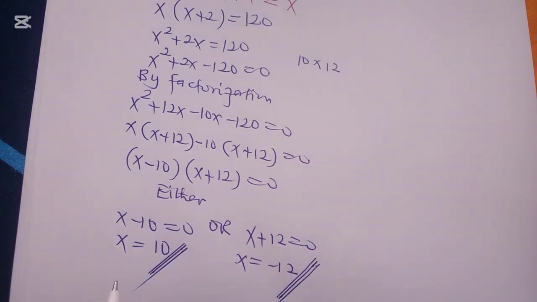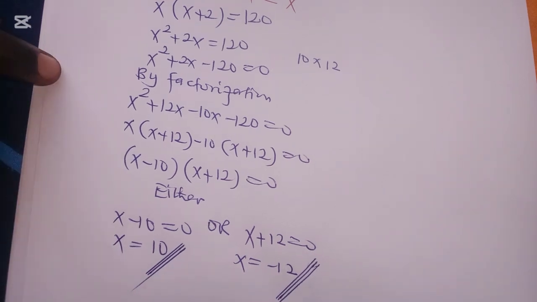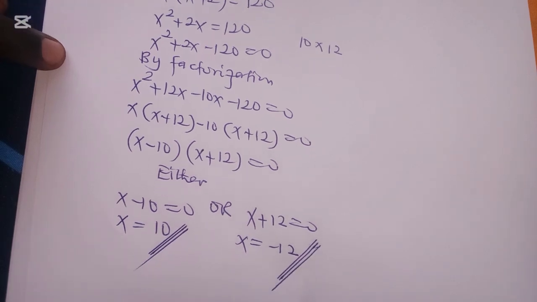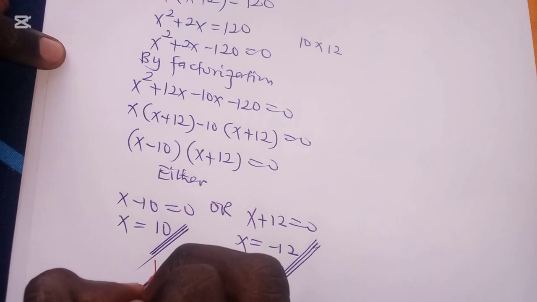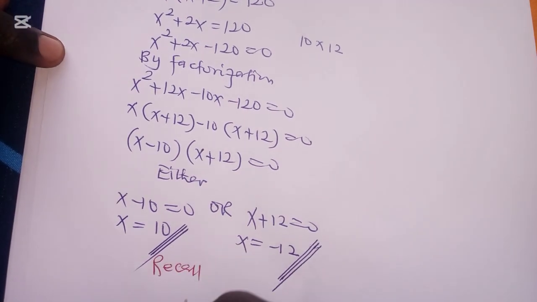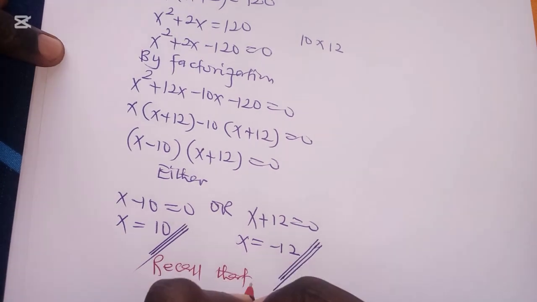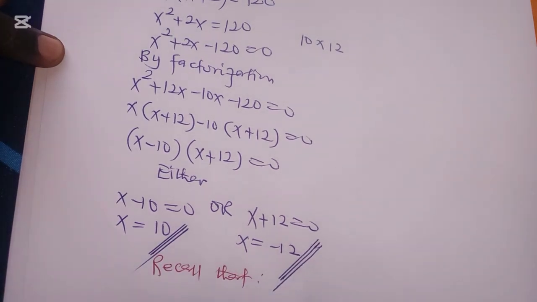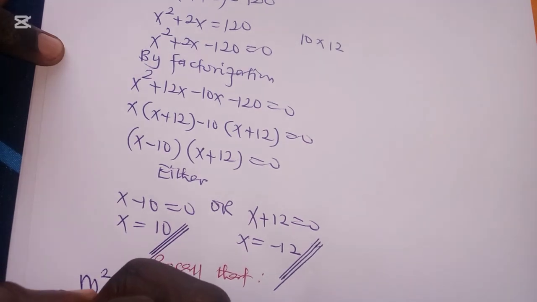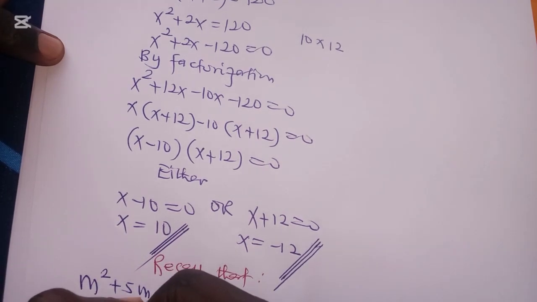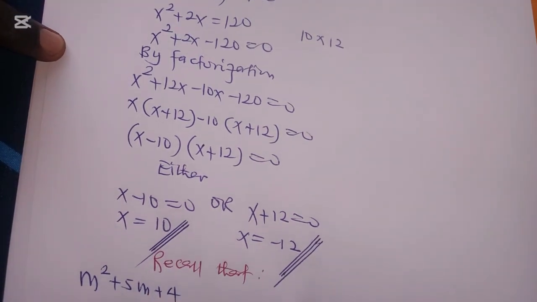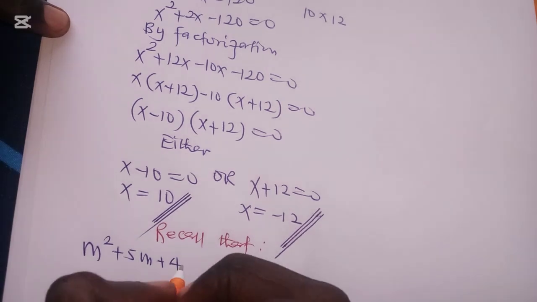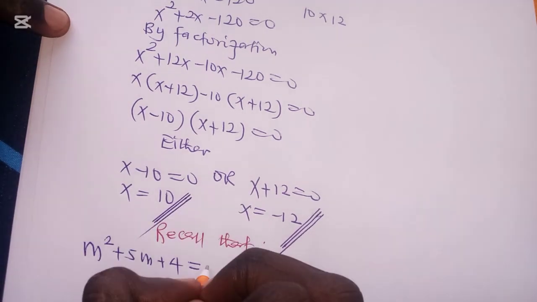Now since we have the values of x as 10 and minus 12, recall that we are given m squared plus 5m plus 4 to be x, that is, this becomes 10.